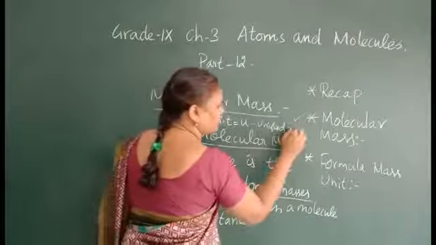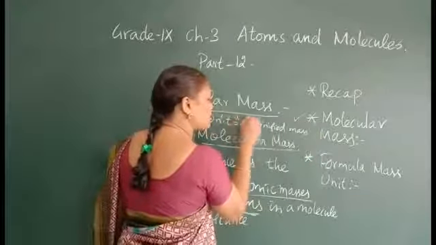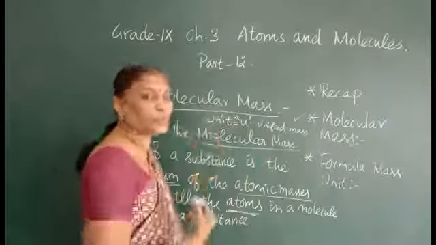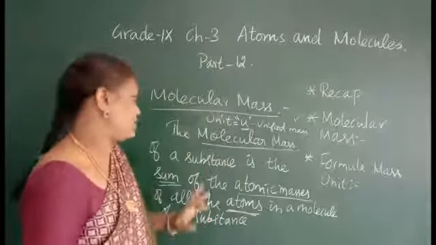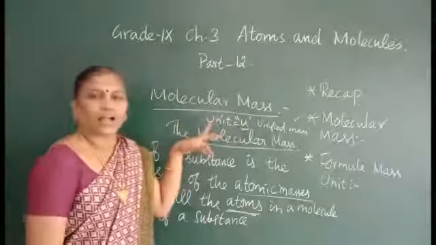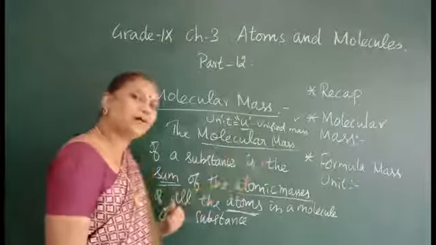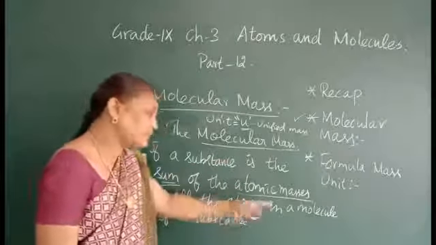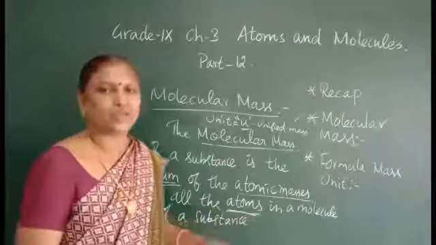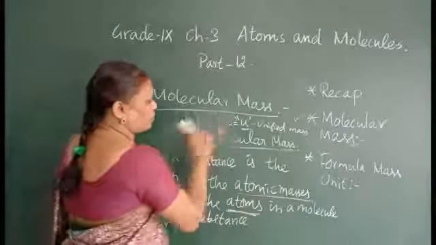Small letter u is the unit for molecular mass. Okay, let us find it. The molecular mass of a substance is the sum of atomic masses of all the atoms in a molecule of a substance. It will be very easy. Let us go into the example.